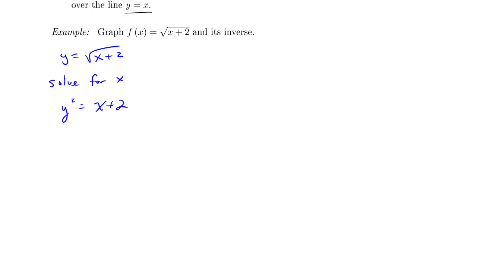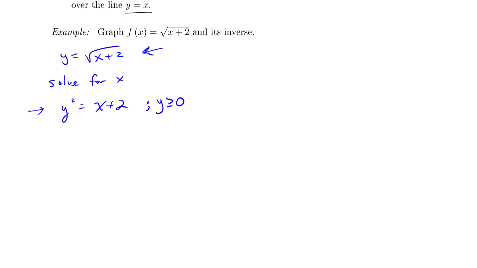But I have to be careful because in this original function, y equals the square root of x plus 2, y would have to be positive because it's equal to a square root. When I squared both sides, I brought in more that wasn't there. Now y could, in theory, be negative, so in order to keep these the same, I say y is greater than or equal to 0.